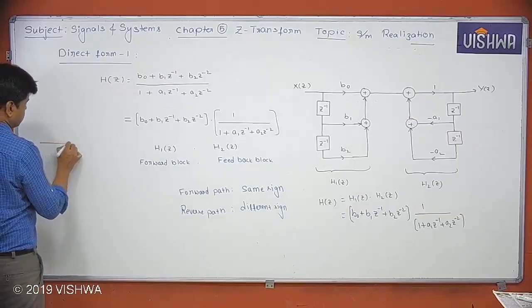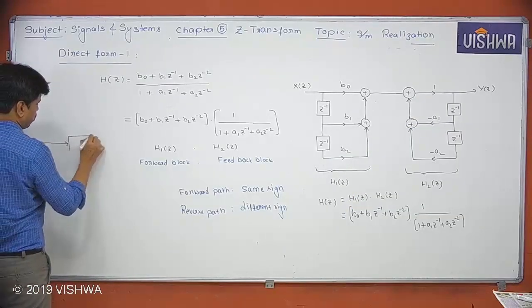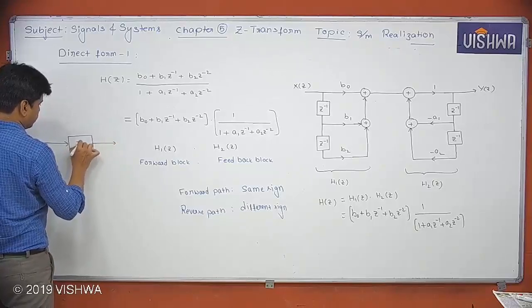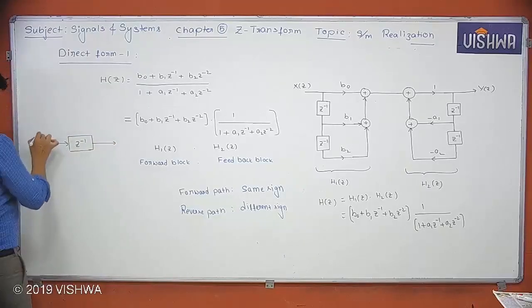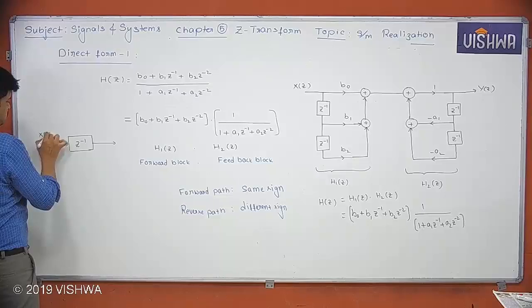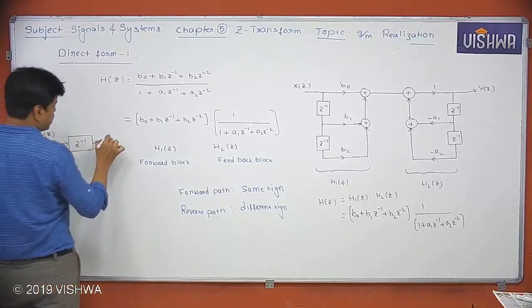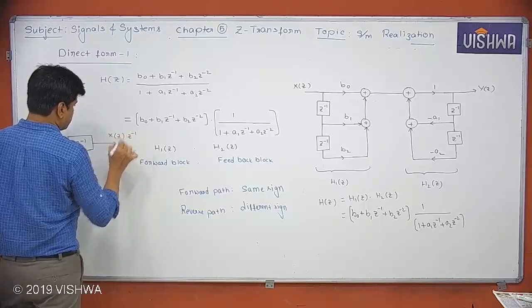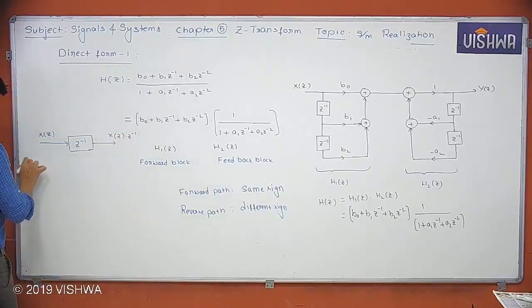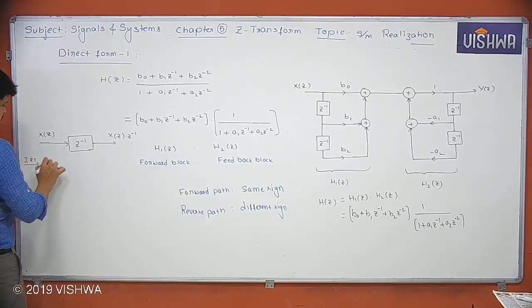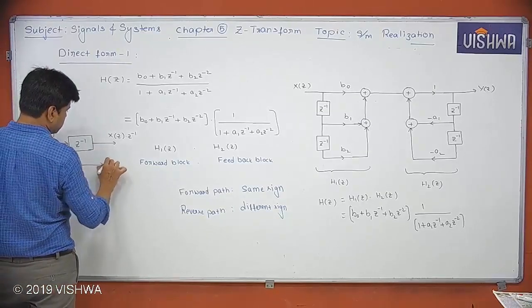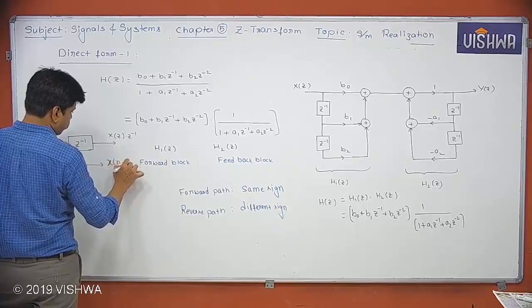Directly, if a block has transfer function simply Z inverse, and X of Z is given here, then what we are going to get here is X of Z into Z inverse. Suppose I take the inverse Z transform, that means X of n is there, then what we get here is X of n minus 1.